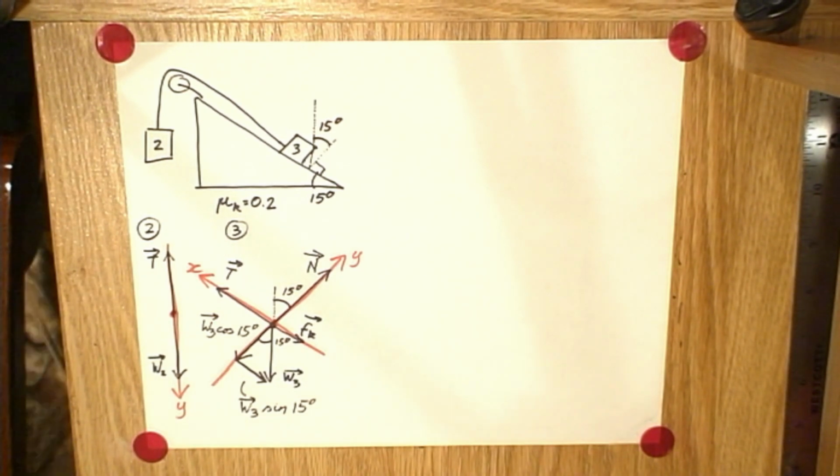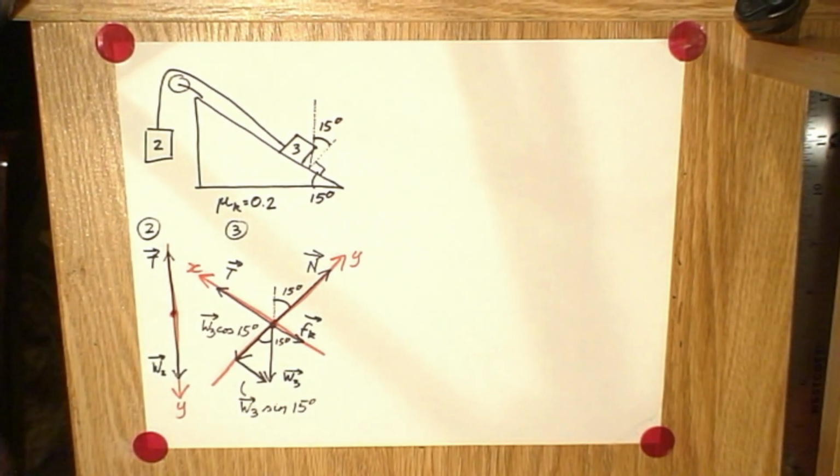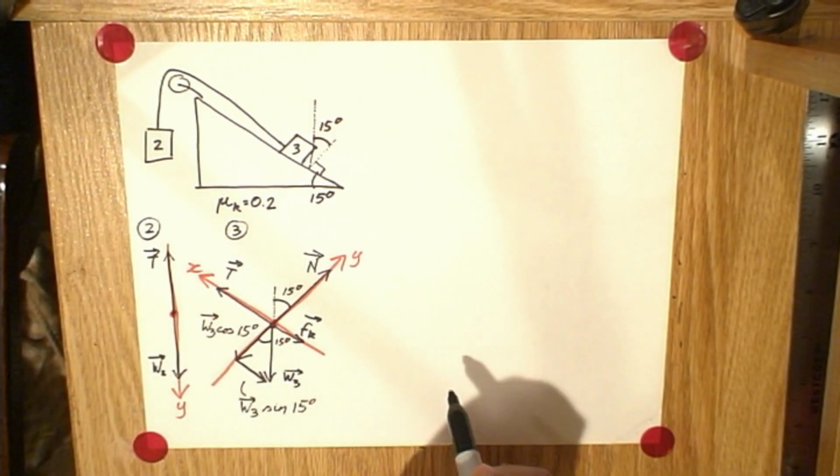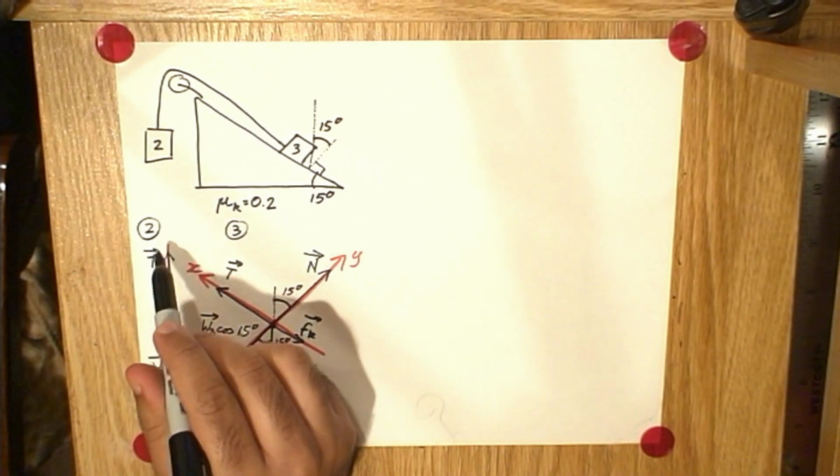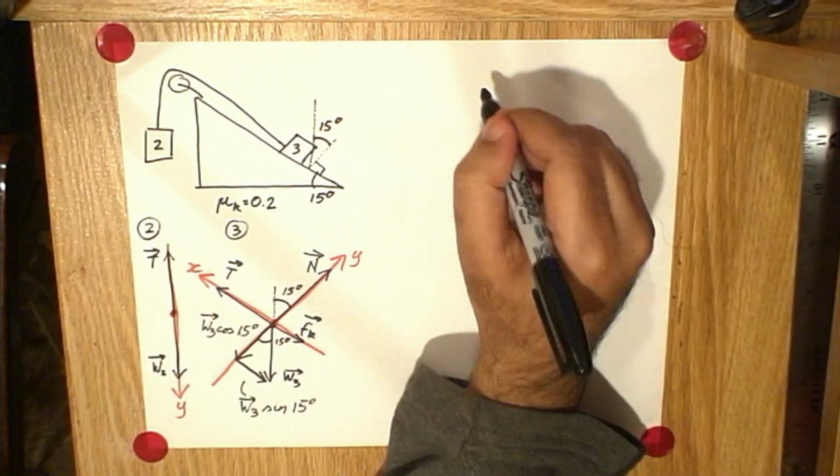So far so good. We now have the complete breakdown of the forces over here. So let's go forward and let us solve for what is happening in the y direction for the 2 kilogram object.